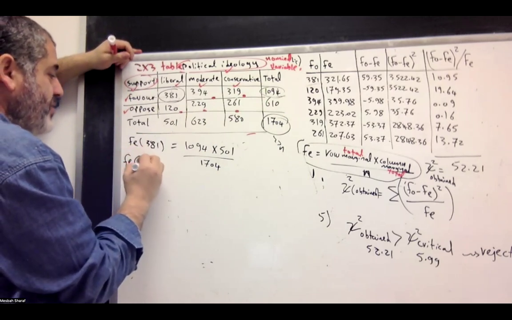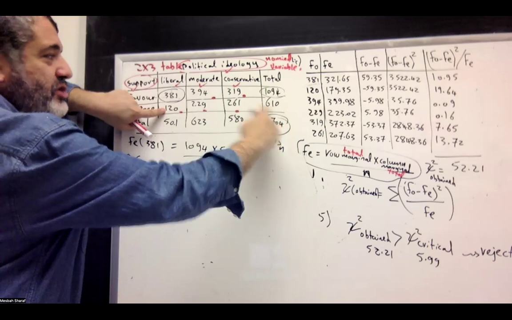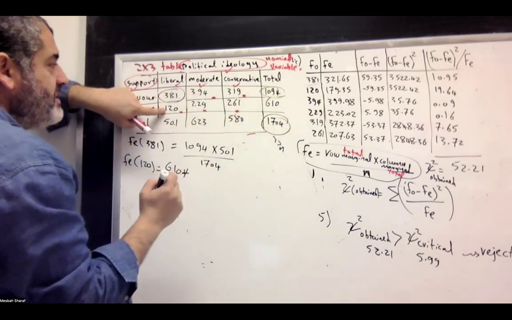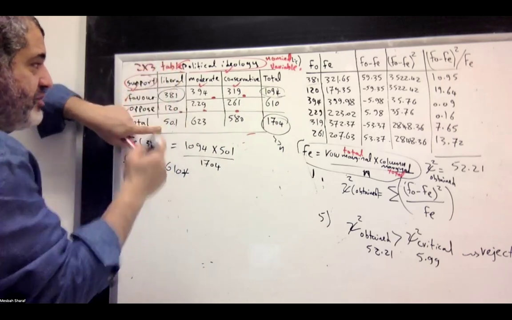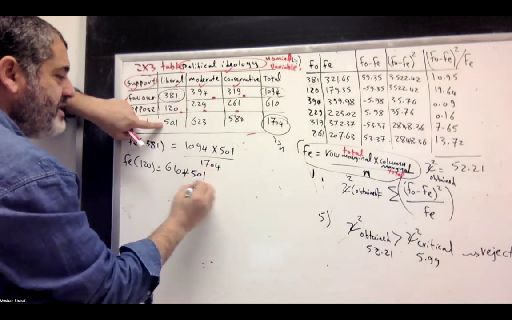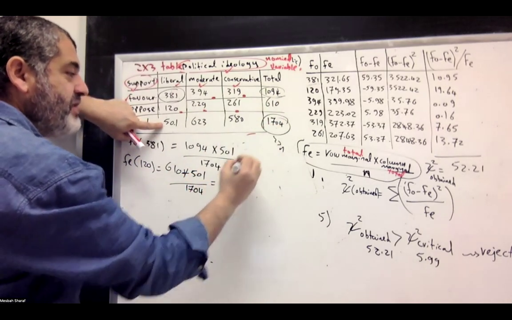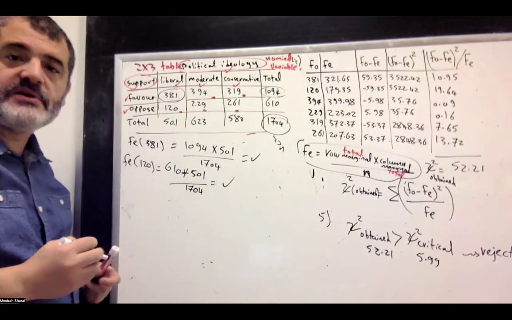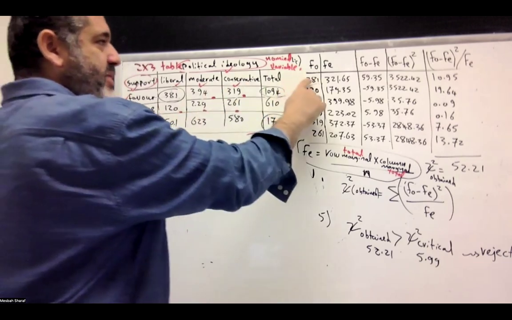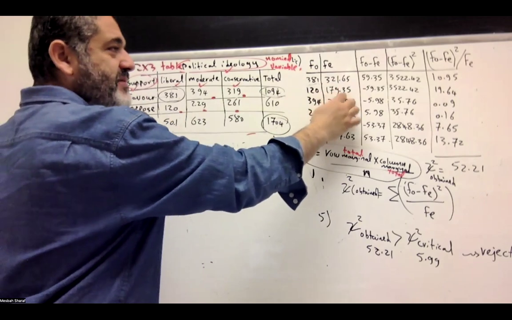Same idea: the 120 belongs to this row, whose total is 610, and that column, whose total is 501, and you divide by n. So the expected frequency for that 381 is going to be 321, and for the 120 it is going to be 179.